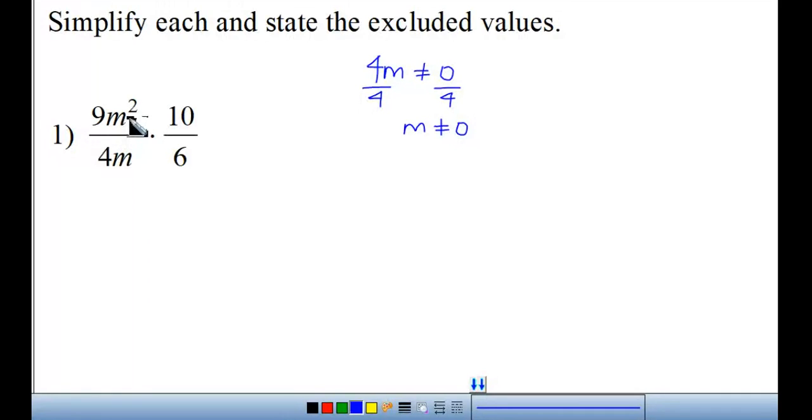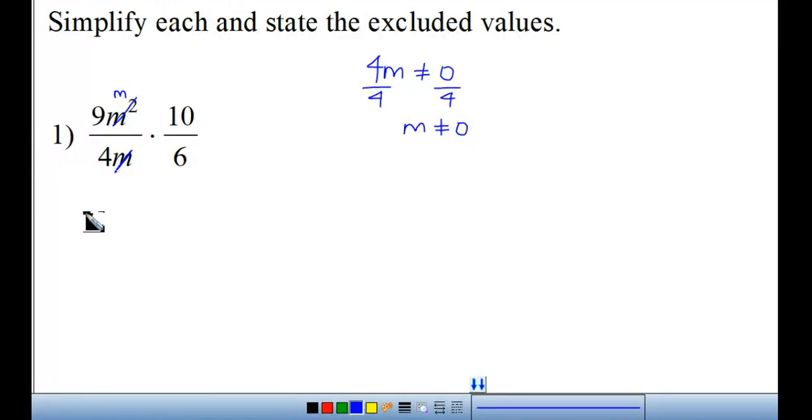So m squared means that you actually have 2 m's, m times m. So if I'm canceling my variables, we can use the subtraction property, but I think it might be easier to just think about it this way. If I take this 1m, I can cancel out one of these m's, and it's going to leave an m in the numerator.